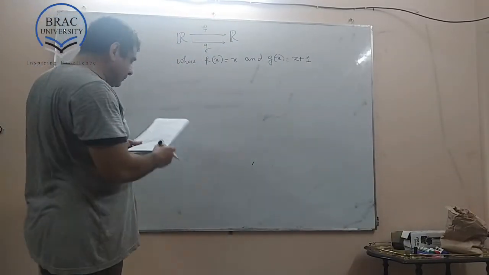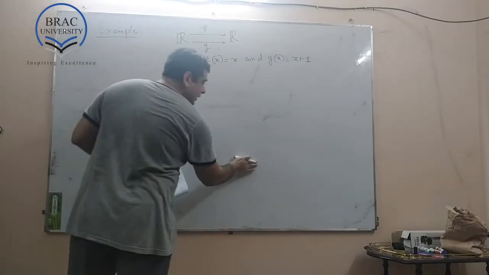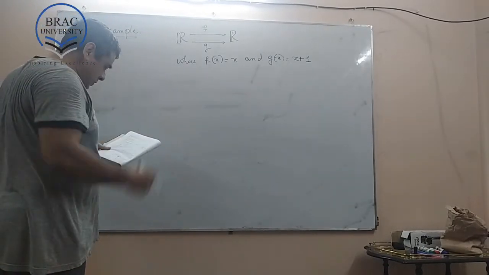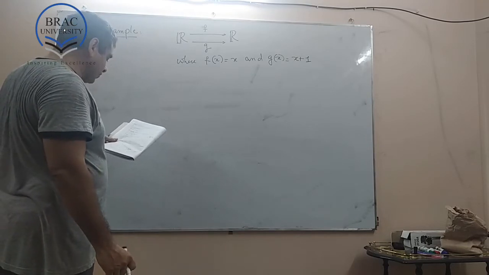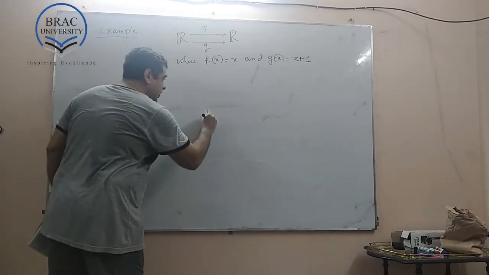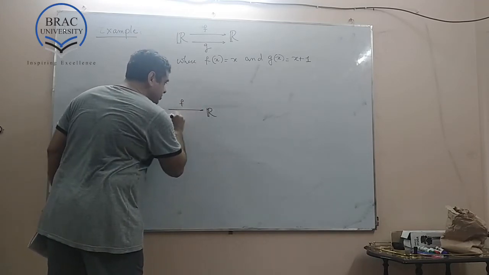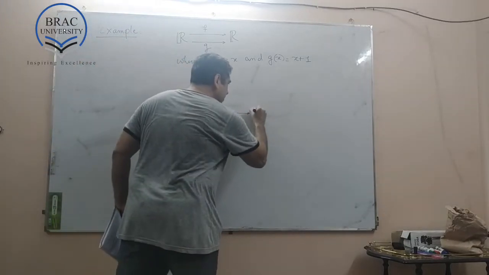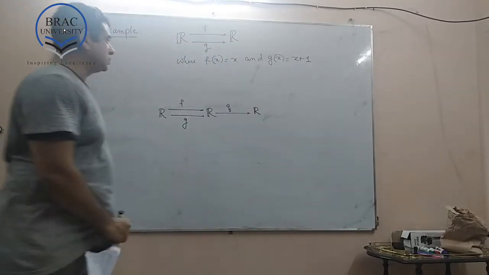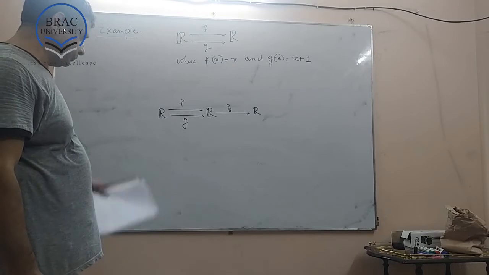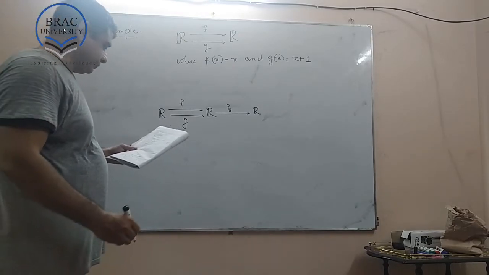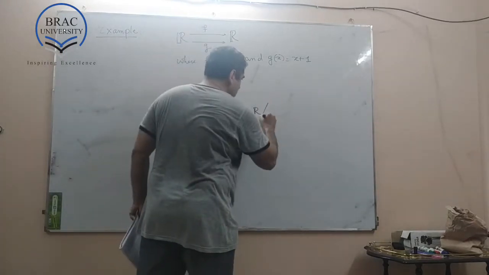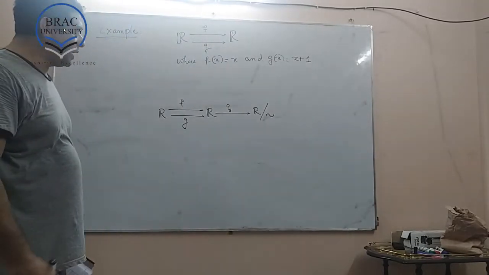If I try to draw the commutative diagram that I defined earlier, while I was defining the idea of coequalizer, there are R and two parallel arrows, F and G. From R there will be a quotient path, from R quotiented out by some equivalence relation.